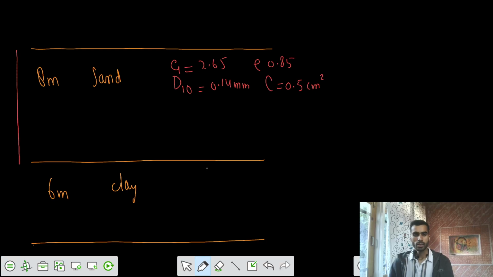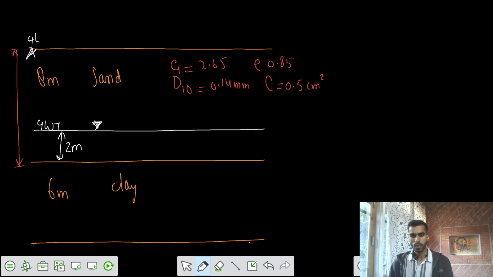If I say that this is 8 meters, then at 6 meters from the ground level we are having the water table. So this is the water table in the sand layer, the 2 meter water table in the sand layer. This is your groundwater table.